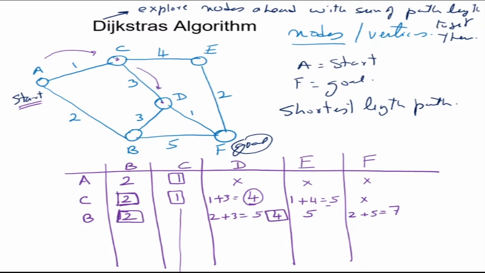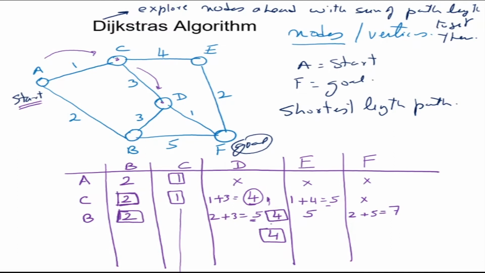Although B to D is showing 5, on top there is a 4. That means there is a path which has a lesser cost, and so I bring the 4 down and box it. So in this row 4 is the smallest, so I make a box on 4 and I bring it down.